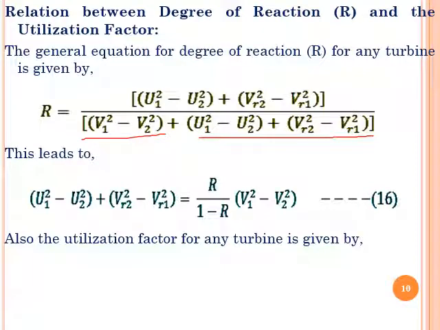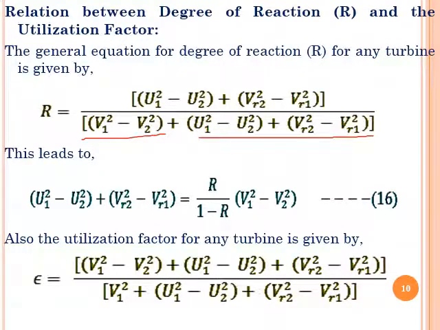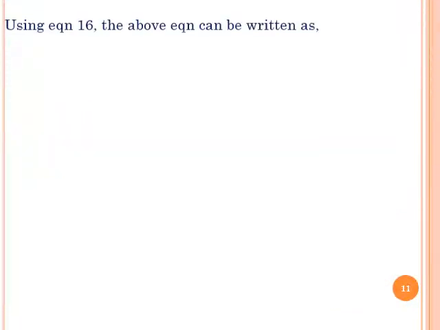Also, the utilization factor for any turbine is given by the expression V1 square minus V2 square plus U1 square minus U2 square plus VR2 square minus VR1 square, to V1 square plus U1 square minus U2 square plus VR2 square minus VR1 square.